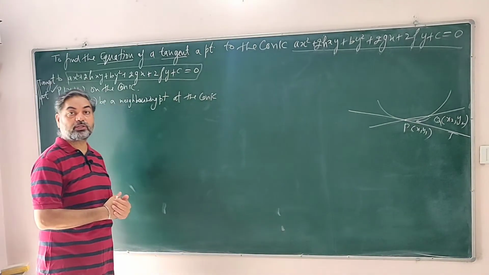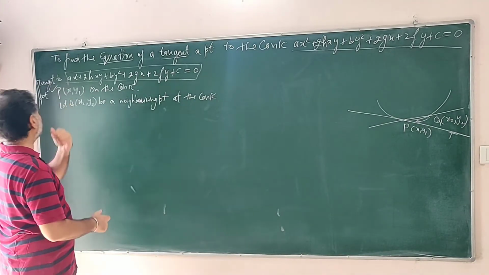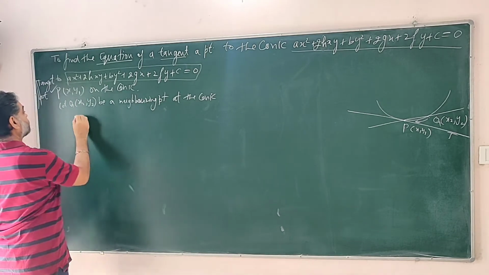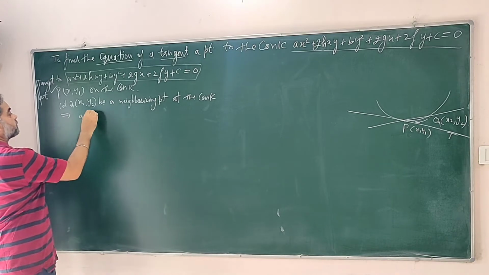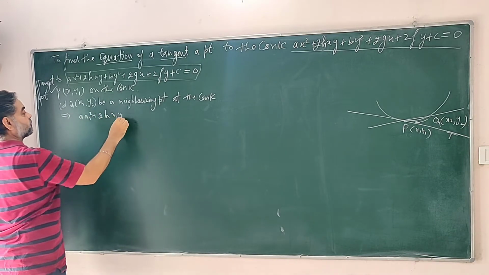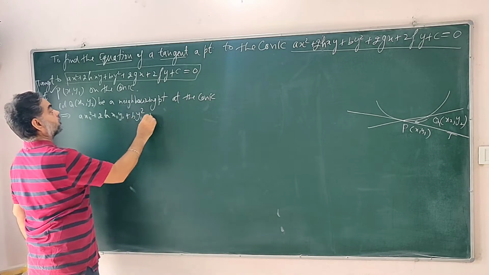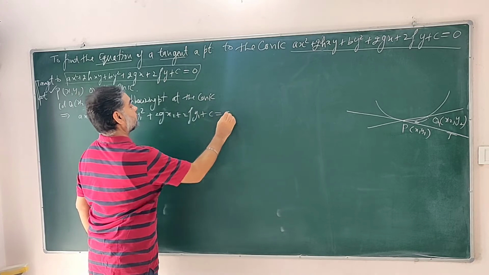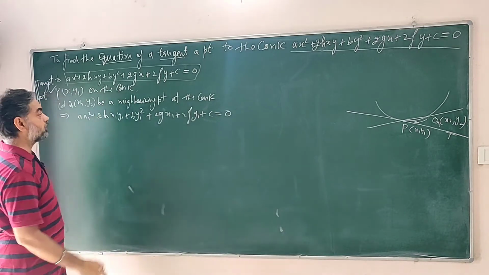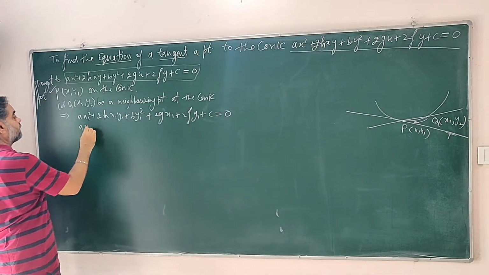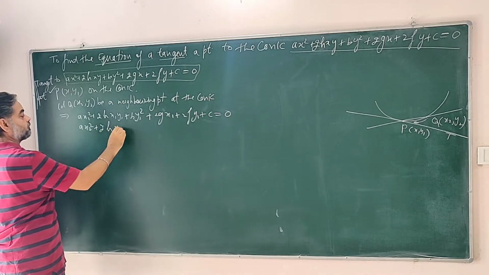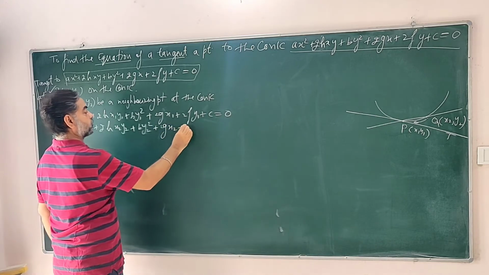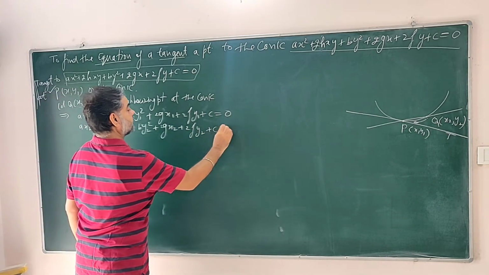So since these 2 points are on the conic, these points should satisfy the equation of the conic. So this implies ax1 square plus 2h x1 y1 plus by1 square plus 2gx1 plus 2fy1 plus c equal to 0, and the other point also should satisfy the equation of the conic: ax2 square plus 2h x2 y2 plus by2 square plus 2g x2 plus 2f y2 plus c equal to 0.